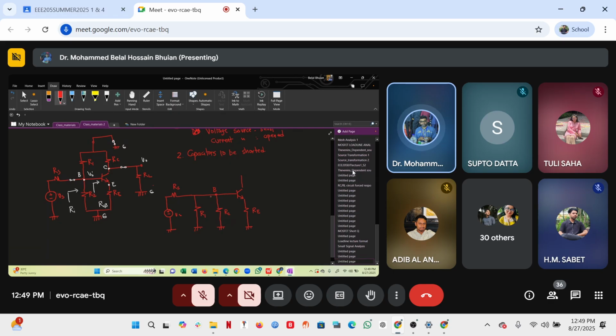Then what is the collector part? Notice the collector terminal is connected to RC, and then it goes to the ground. And from the collector terminal, we've got an RL resistance, and then it goes to the ground as well. That means RC and RL are connected in parallel to each other.